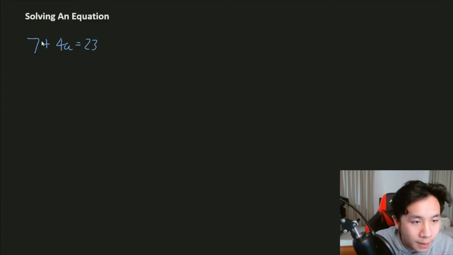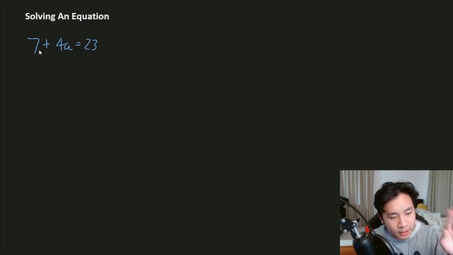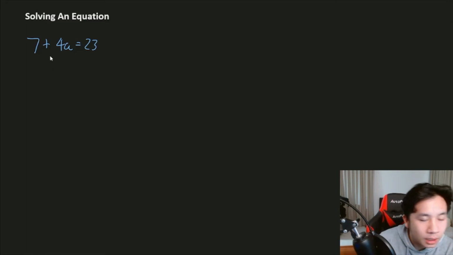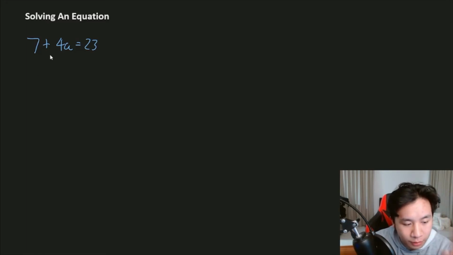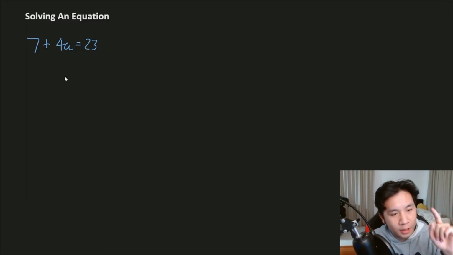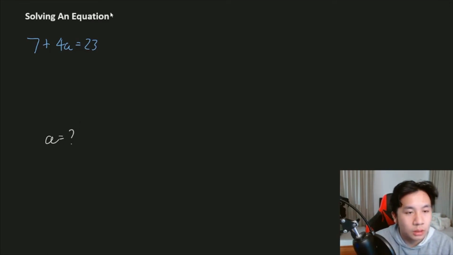Okay, so in this equation, here's where the techniques we learned just then become more valuable. Because if you look at this equation, the solution is not as straightforward as the other ones, okay? And so we're going to solve this the way we did before. Before I start, remember, at the end of the day, you want a is equal to a number. That's the final goal.